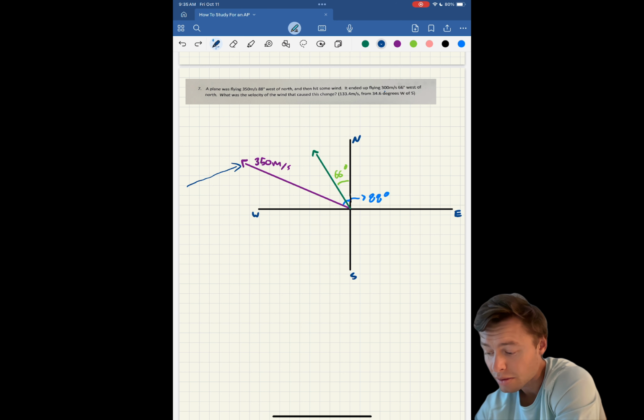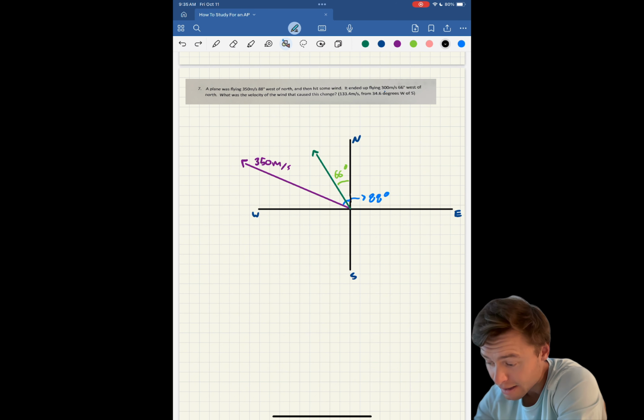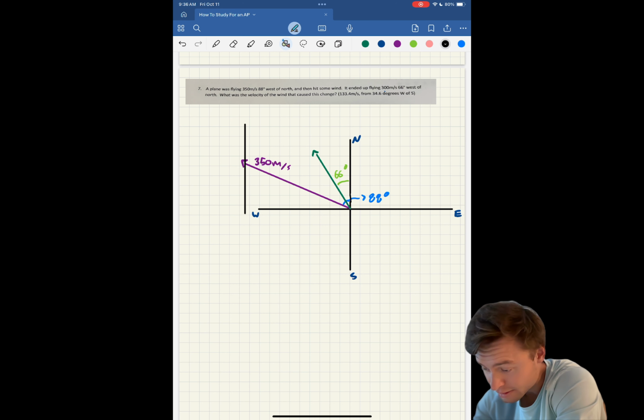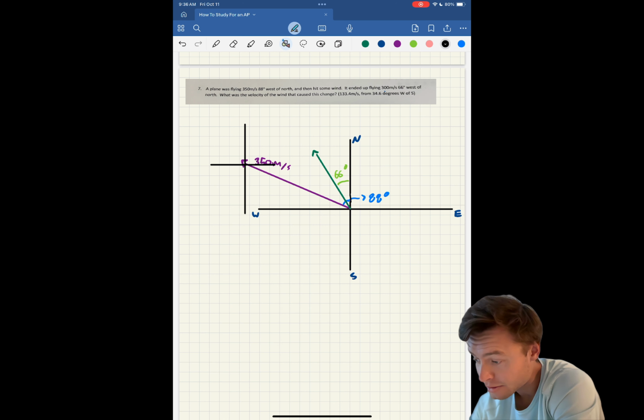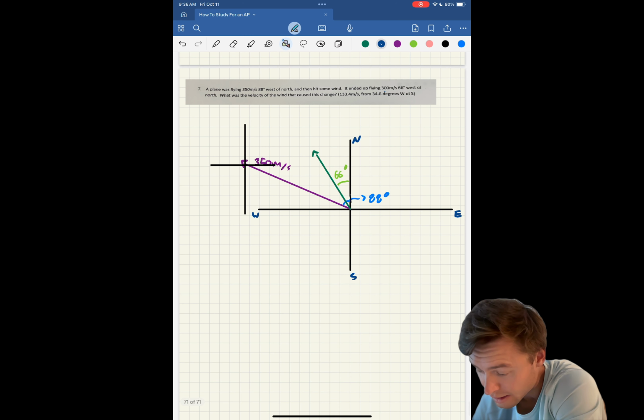Okay, and so what you can do at this point is you can create another coordinate plane, this time right at the terminal position of your original vector. And you can say that there's now a new vector, which represents the wind, coming up like this.